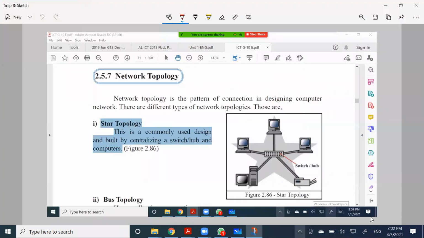Yeah, what I was telling you, this is the sketch that you can draw. So this is a switch or a hub. And this is what you call star topology. Right? It's better you draw something like that.